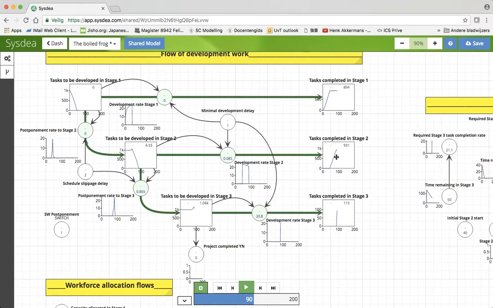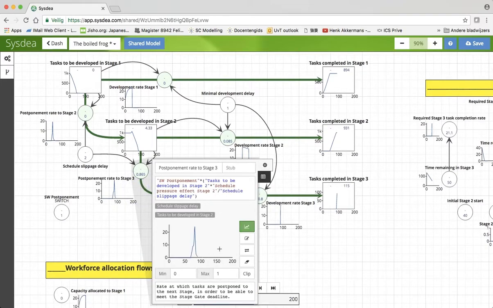In the end, some 930 tasks have been done. But please bear in mind that 1,000 plus, well, some 120 tasks in total have to be done in stage 2. Only 931 are actually done. So the rest is again being postponed to stage 3.